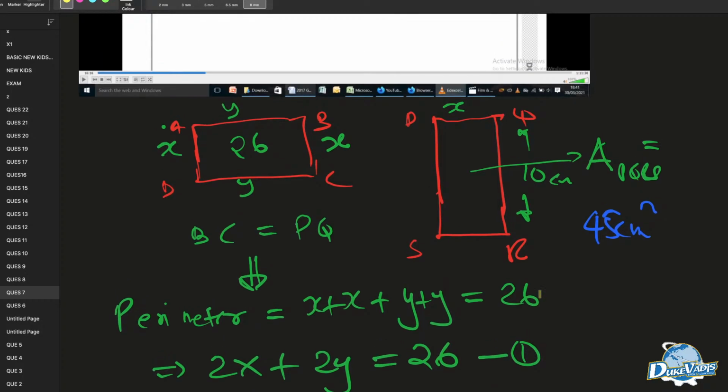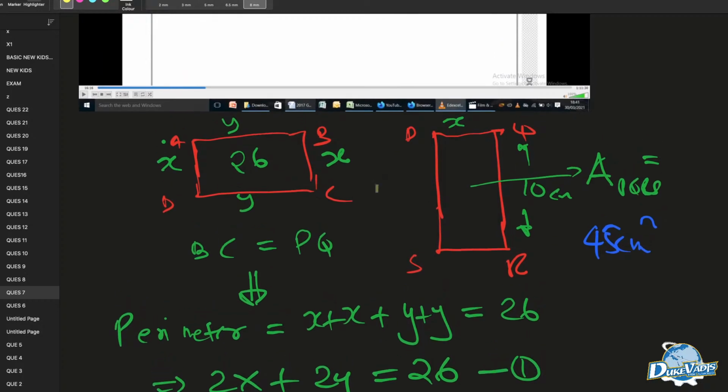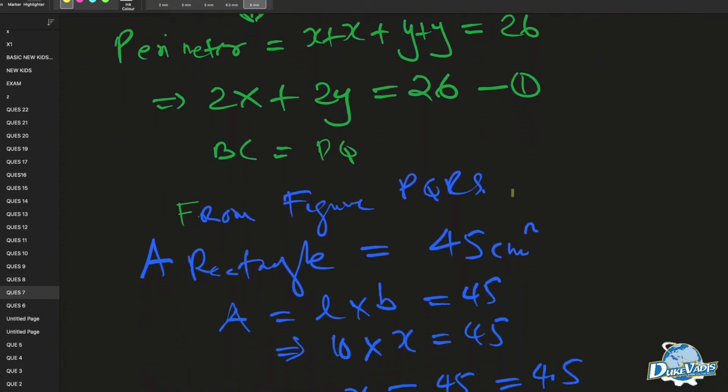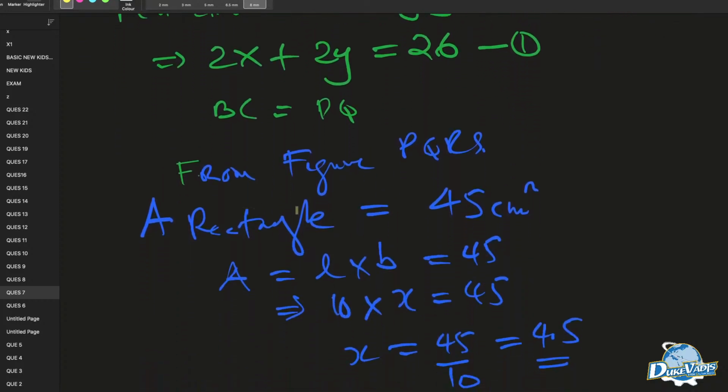Okay, we're also told that the area of this figure, PQRS, is 45 centimeters squared. And knowing one side QR to be 10 centimeters will help us to calculate the value of x here. So from the figure PQRS, the area of the rectangle is given as 45 centimeters squared.